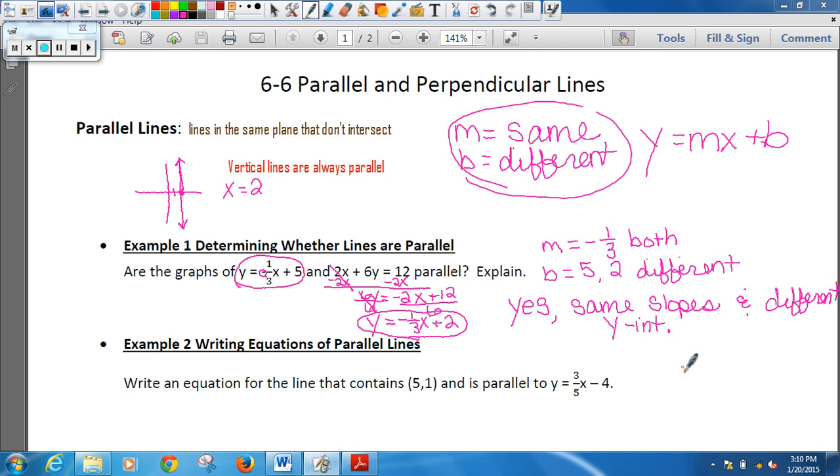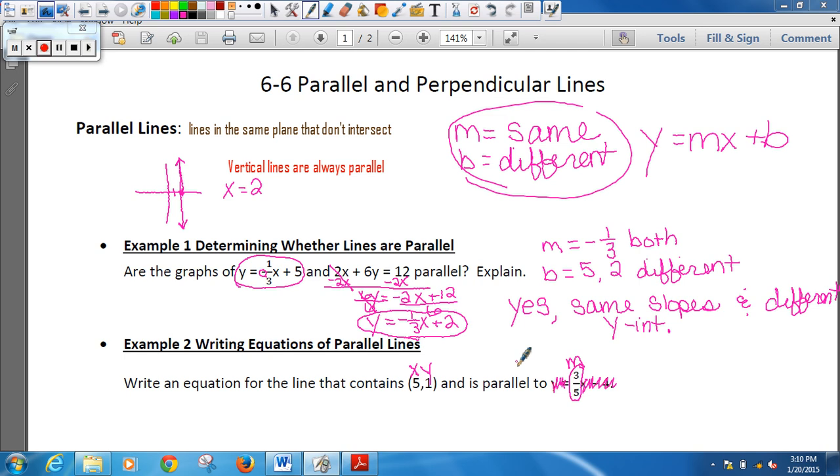Example number 2 then asks you to write an equation for the line that contains (5, 1) and is parallel to this. Okay, well, if we know that it contains this point, this is your x and y. If it's parallel to this, the only thing that can be the same is your m. So that's the only part I care about. I don't care about the rest of it. And it says write the equation. Again, it does not tell you what form to write the equation in, so you can write it in any form.